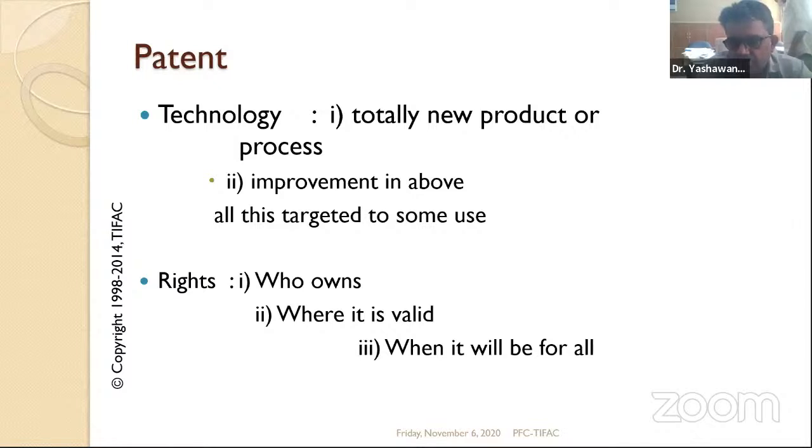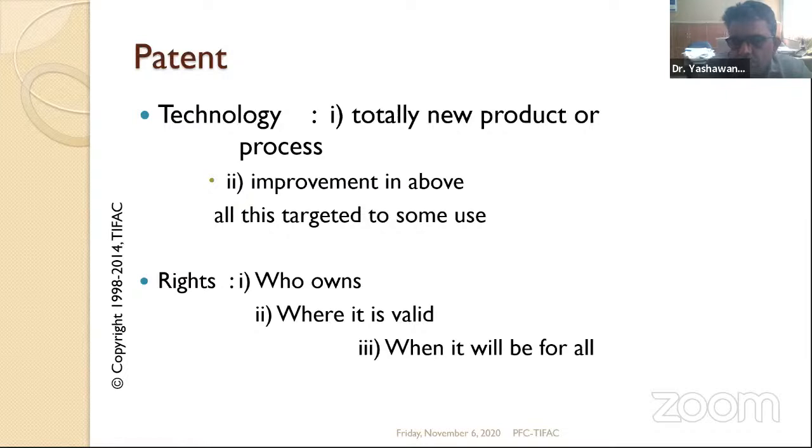would definitely cover at least one of these things. It can be a totally new product. It can be a totally new process. If it's not completely new, then it is possible there is an element of improvement in existing products, or an element of improvement in existing processes.